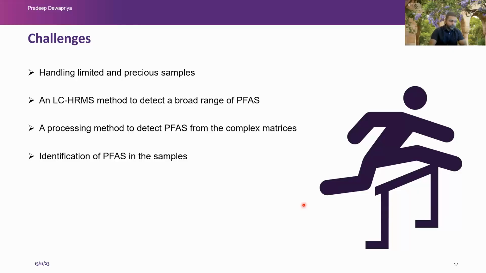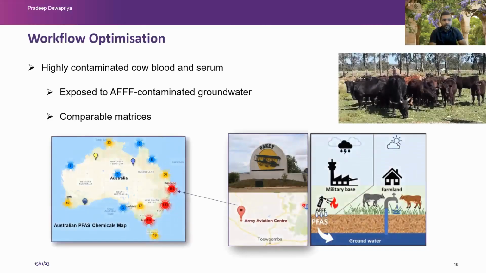So we were looking for a set of samples that we could use for method optimization as an alternative to our original sample set. We decided to use contaminated cow blood and serum samples to optimize our workflow.